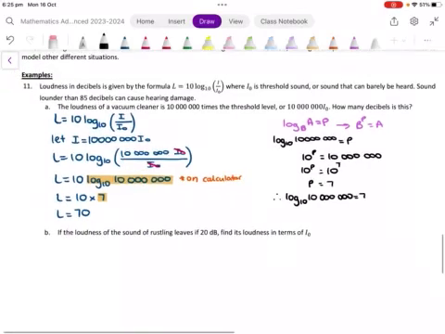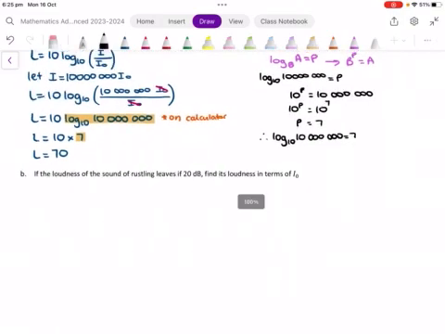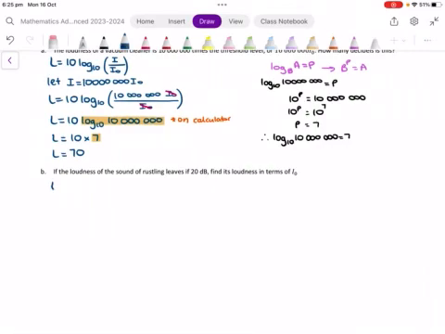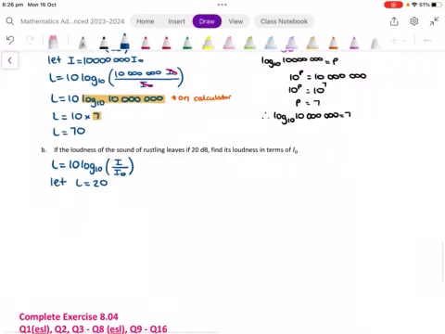Okay, our next part of this example is if the loudness of the sound of rustling leaves is 10 decibels, find its loudness in terms of I0. So we have our formula, L equals 10 log base 10 of I over I0. And this is where we let our L, because our loudness is our decibels, or the sound of our leaves, equal 20, sorry.